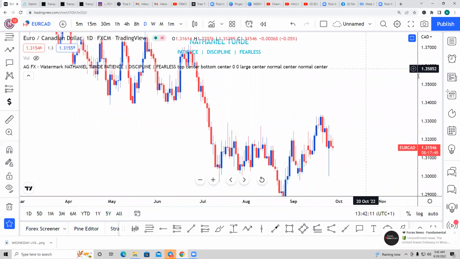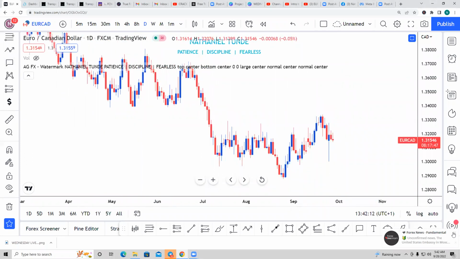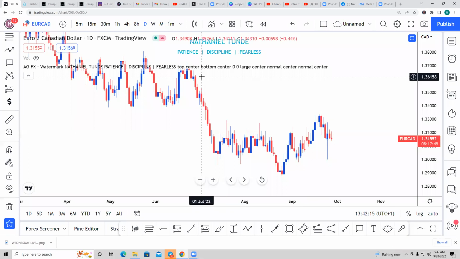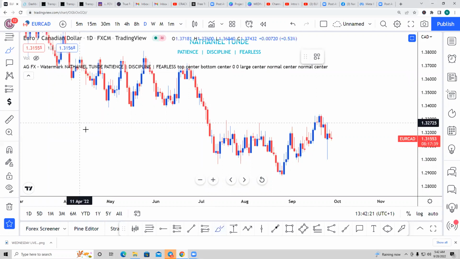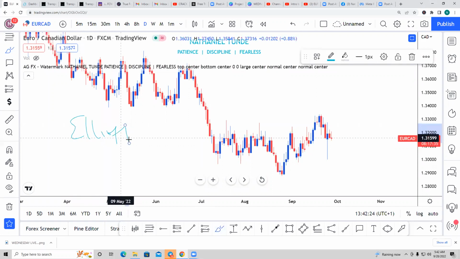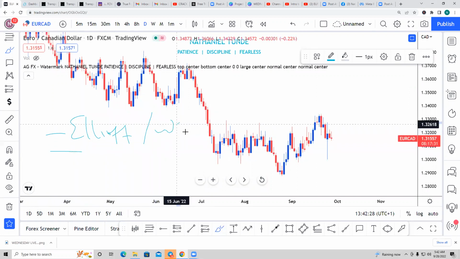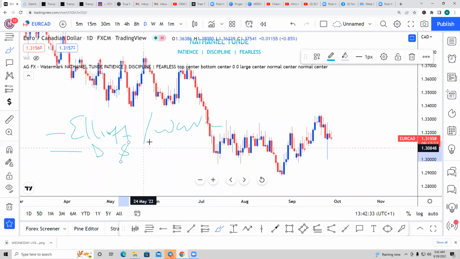All right. You know, of course, my strategy, my trading system rather, is a combination of Elliott wave theory or wave analysis, demand and supply, and then liquidity.